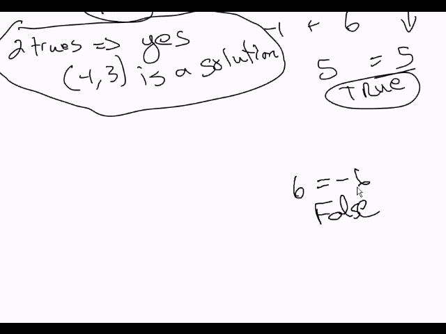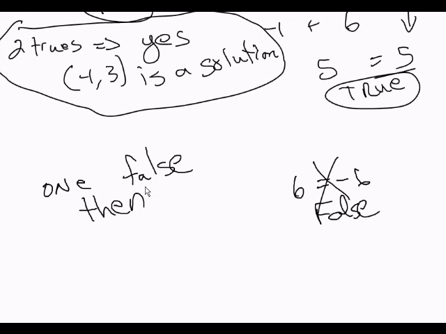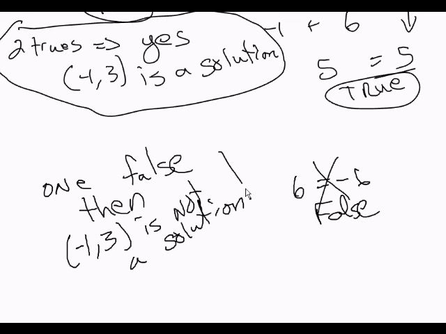If you end up with something like, when you do the math, 6 equals negative 6, this is a false statement. That's not true. If you get one false statement, just one false, then negative 1, 3 is not a solution.